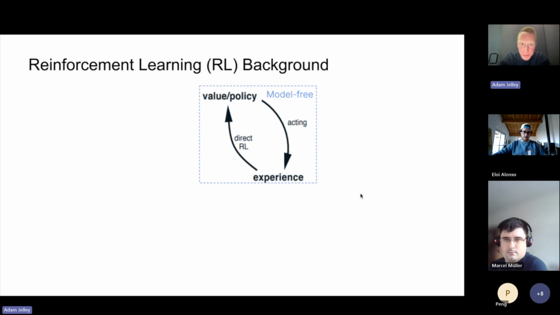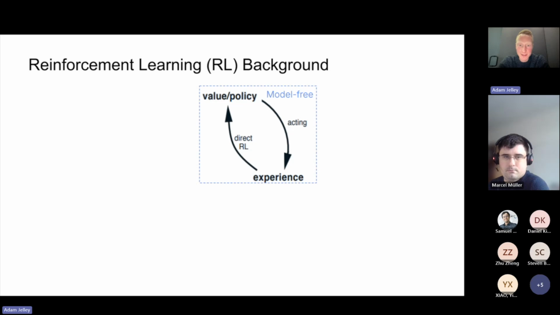I think most of you probably have the background on the RL side, given it's the RL reading group, but just briefly. The motivation for modern world models is often to improve sample efficiency of RL. We can have an RL agent which interacts with an environment and then receives some kind of reward signal back from the environment to tell the agent how good or bad its actions were.